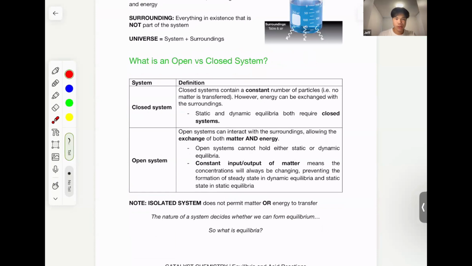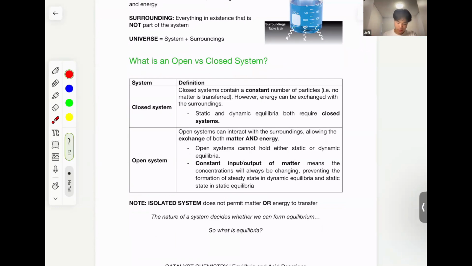Then open and closed system, we should know a closed system is one where you have transfer of energy only between the system and surrounding, with no transfer of matter. And having a closed system is a criteria required to form static and dynamic equilibria. You can only form it in those two contexts.